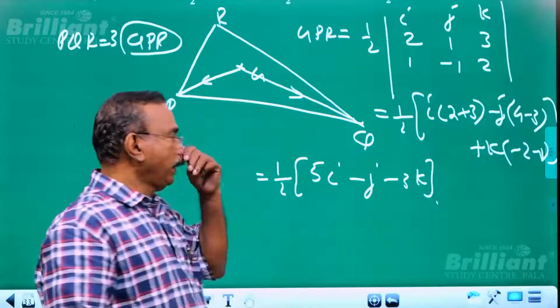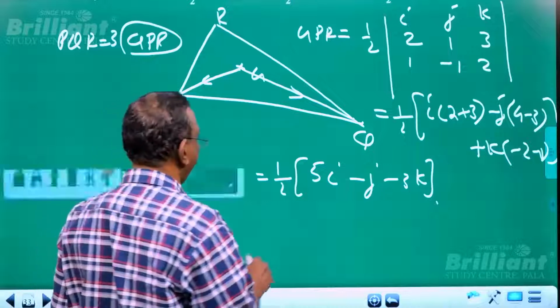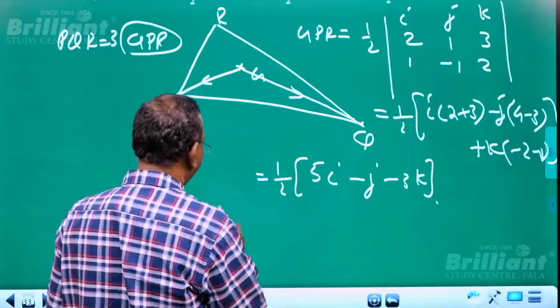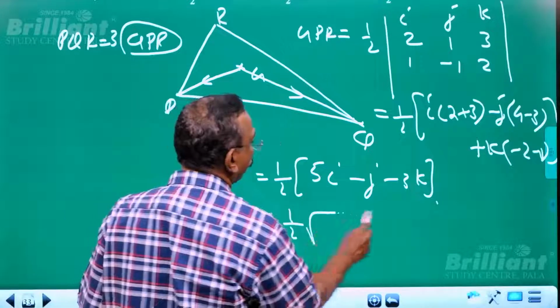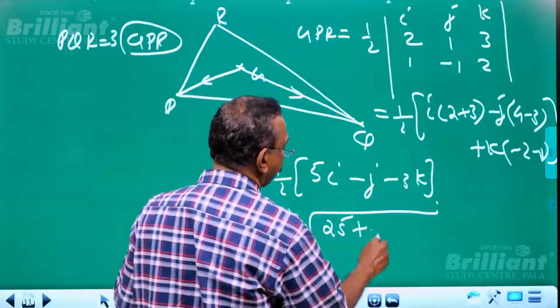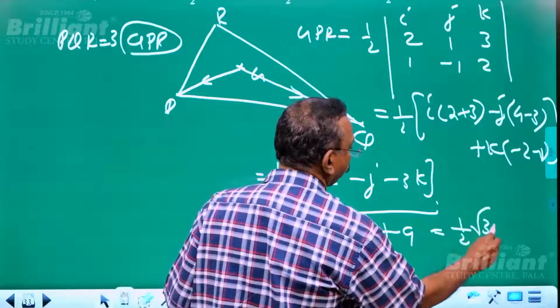This is our vector area of GPQ. Therefore, the area of GPQ is equal to 1/2 square root of 25 plus 1 plus 9, that's 35, so 1/2 root 35.